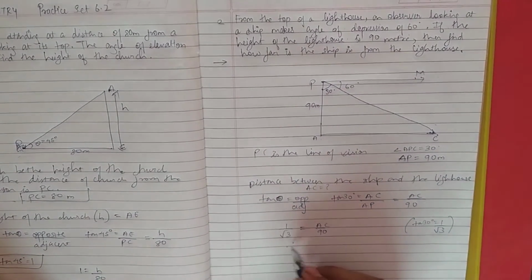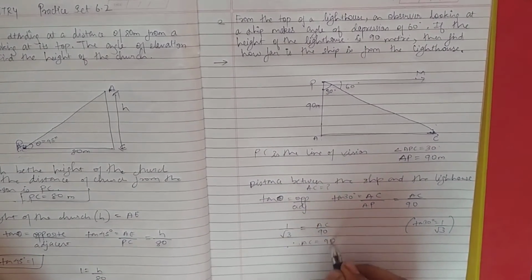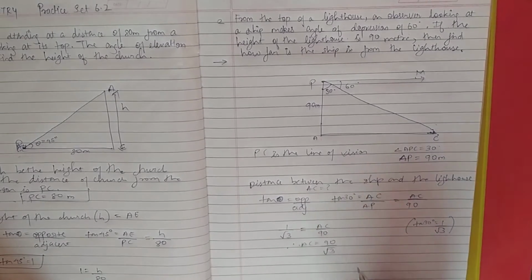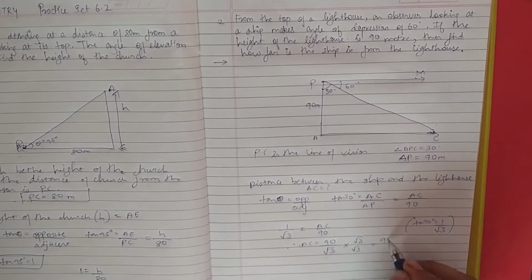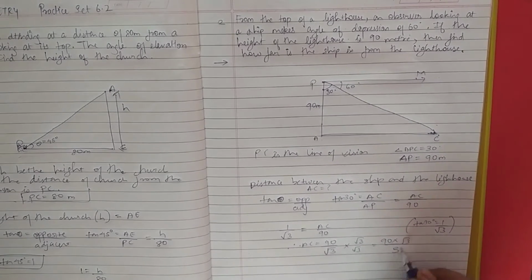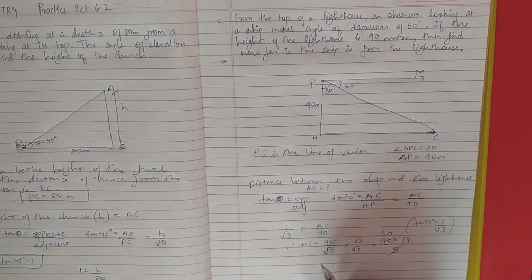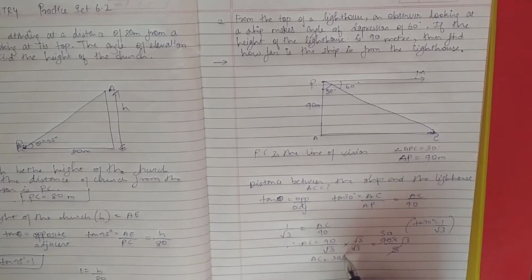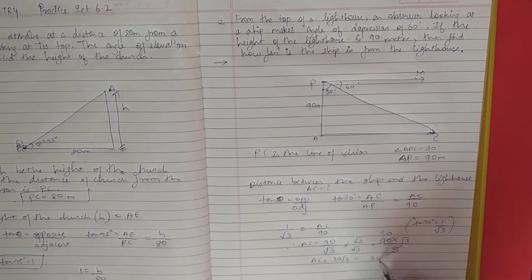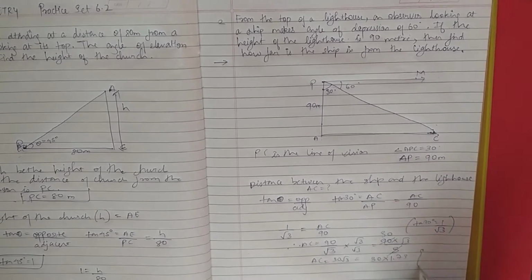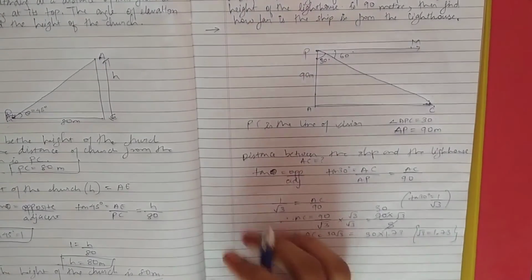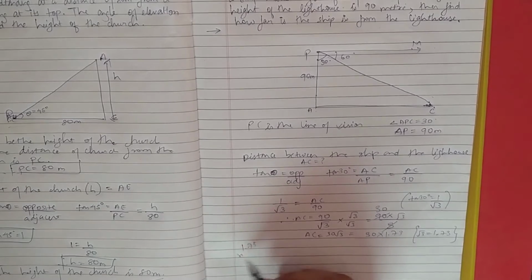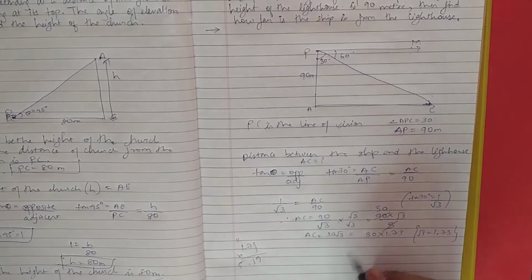Now, therefore, AC will be equal to 90 by root 3. We can simplify it by multiplying and dividing by root 3. So this will become 90 into root 3 upon 3. 3 nines are 27, so 90 upon 3 is 30. AC will be 30 root 3. This can be written as 30 into 1.73, since root 3 is 1.73. 1.73 into 30 is 51.9.